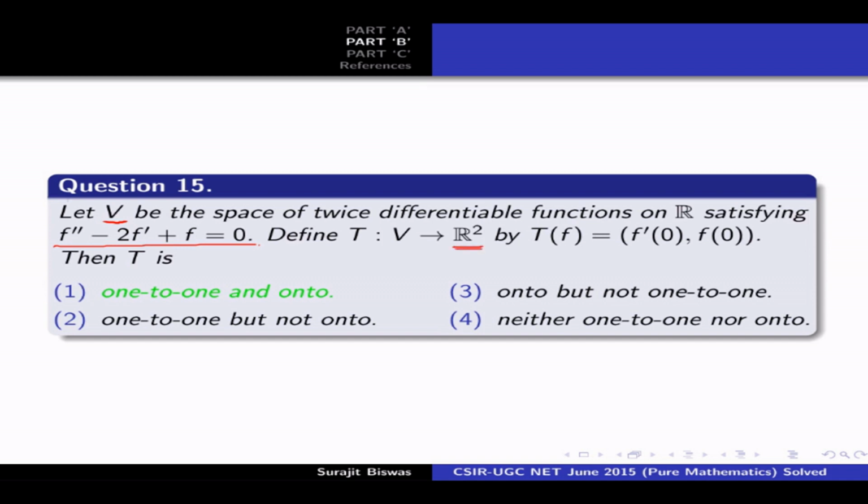From the representing matrix we want to conclude whether T is 1 to 1 or onto or both. So that's the idea.